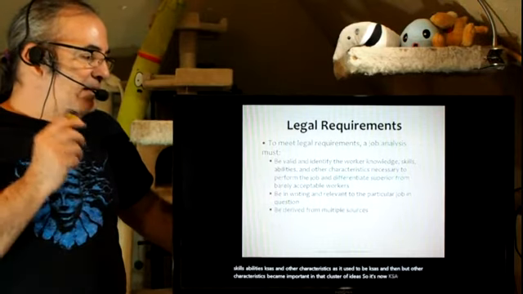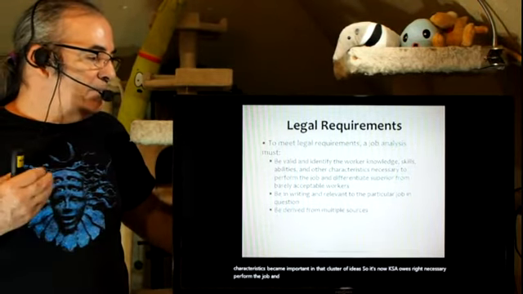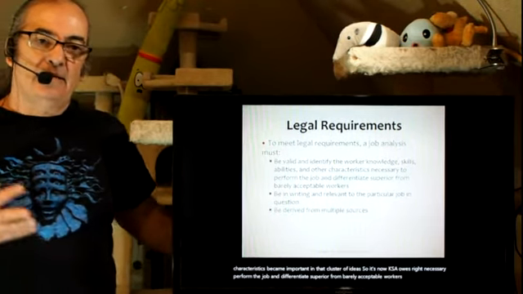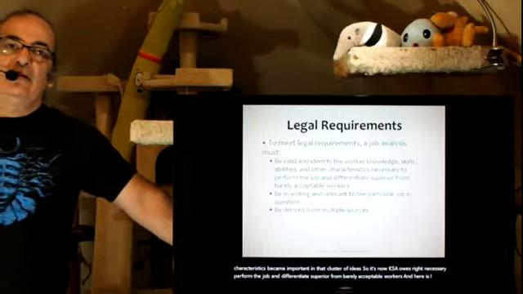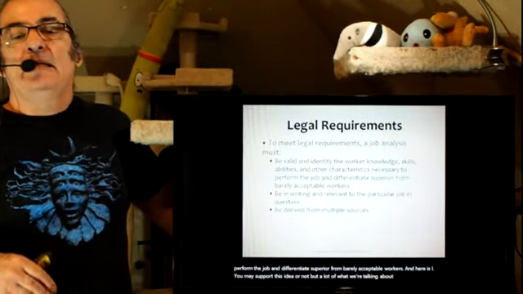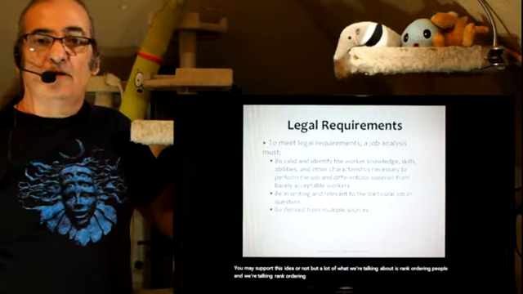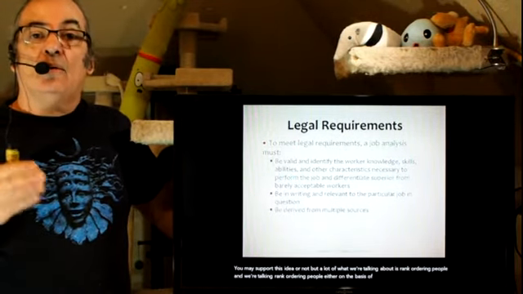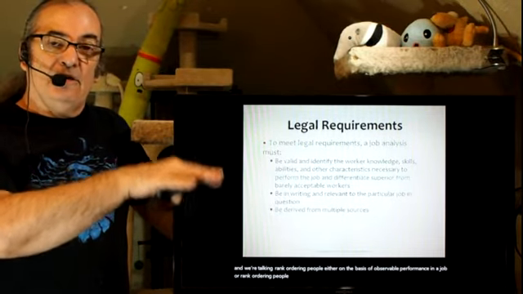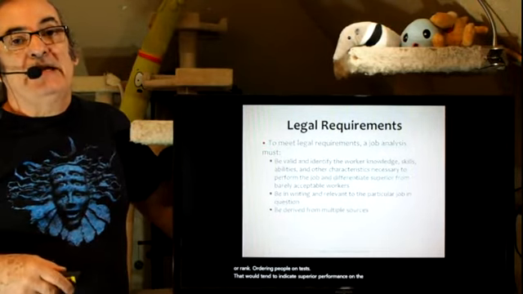Necessary to perform the job and differentiate superior from barely acceptable workers. You may support this idea or not, but a lot of what we're talking about is rank ordering people, either on the basis of observable performance in a job or on tests that would tend to indicate superior performance on the job. But it is about rank ordering.